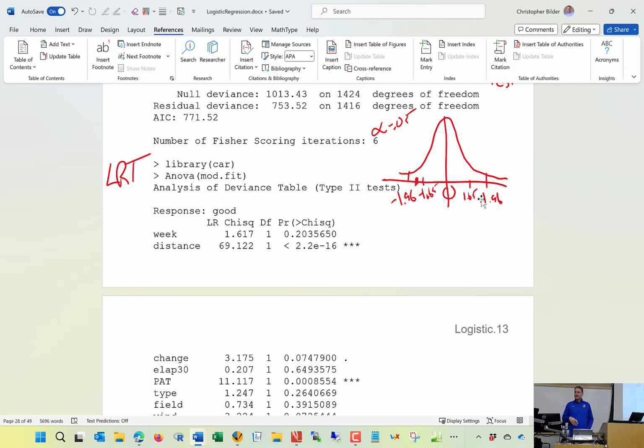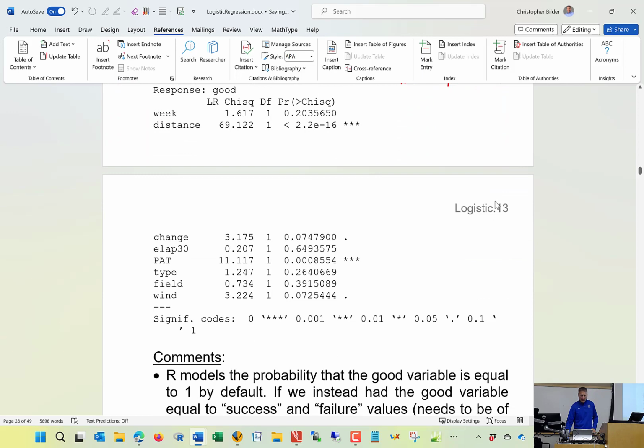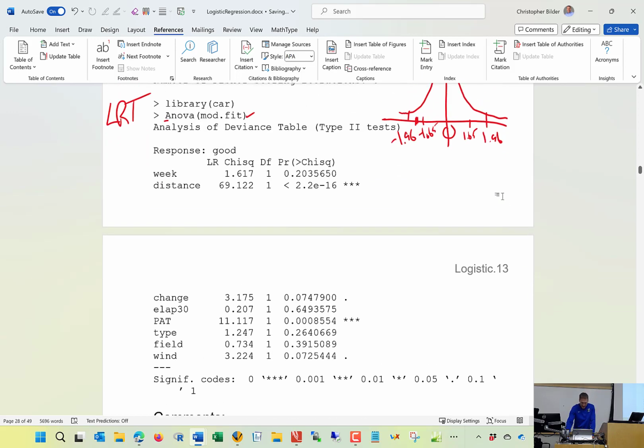It's actually a book, and so it's a package that the authors of the book wrote. And if we use a function called Anova with our mod.fit return object, notice the capital A there. That is important, because R is case sensitive. We get likelihood ratio tests. I'll explain why it's called Anova shortly, because we're not doing ANOVA.